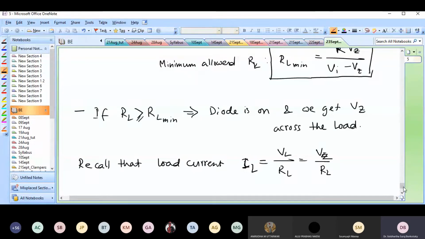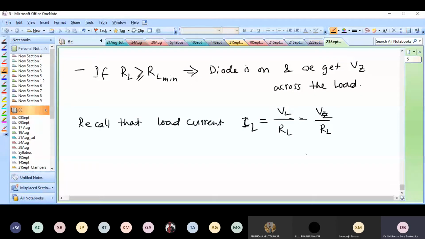So what is the maximum load current? When RL is minimum, load current is maximum.